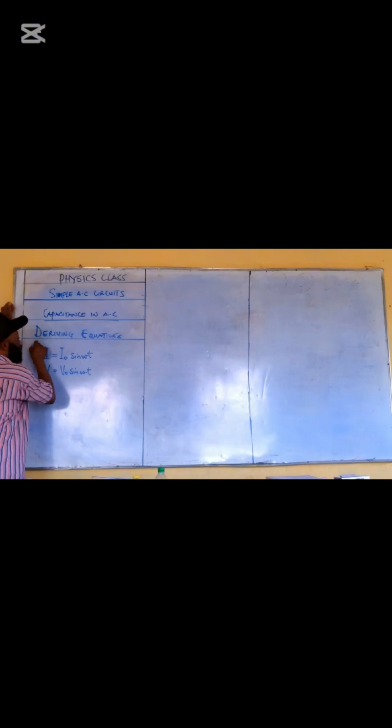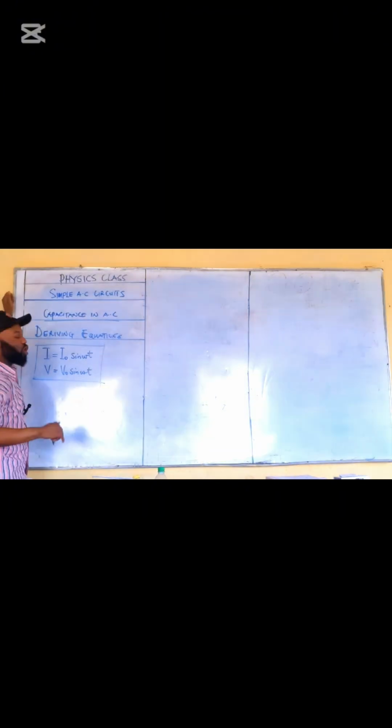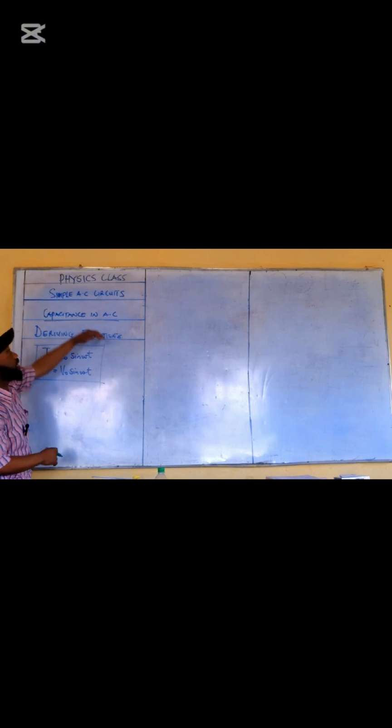These equations were obtained from the nomenclature of AC. But we realized that these equations changed when we were discussing the capacitance in AC. So what has brought the change? How were they obtained? Let us look at them.